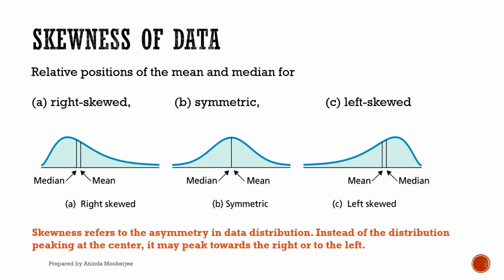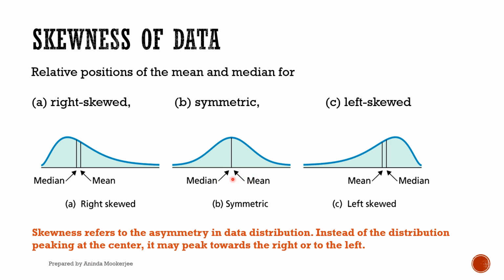We'll now talk about the distribution of data. We've seen this particular slide before when we were talking about the measures of central tendency, but let's go over it and review it because we need to understand the distribution of data. That's very important. A symmetric distribution is one where the mean and the median are equal or almost equal, very close to each other.